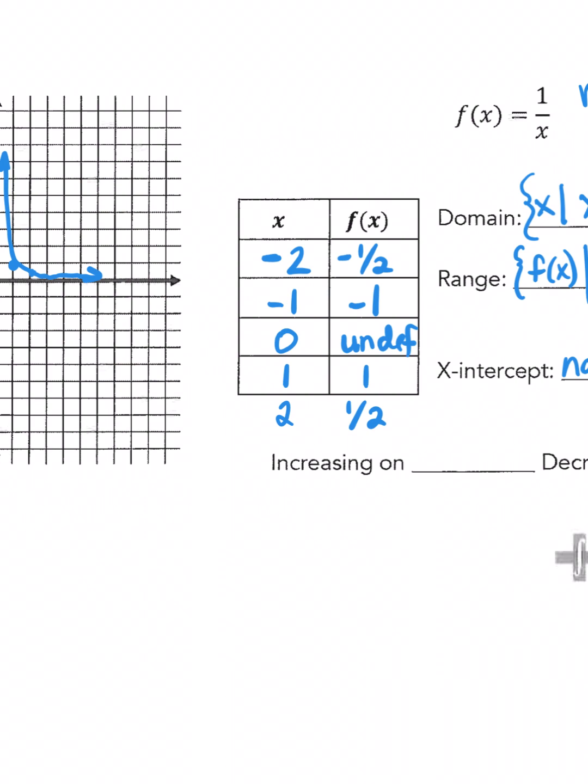Now, where is this thing increasing? This is tough. Read it from left to right. So from left to right, it's going down, and then it's still going down. So is it increasing anywhere?